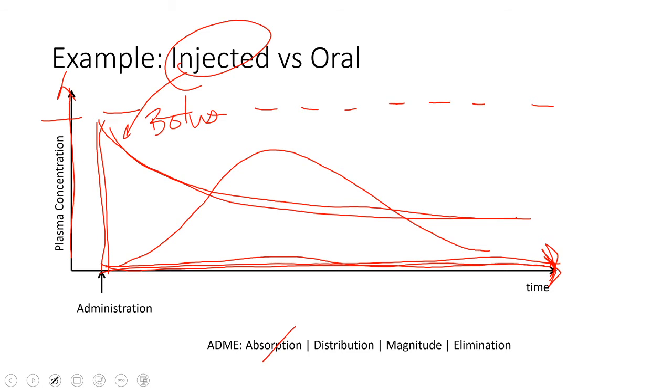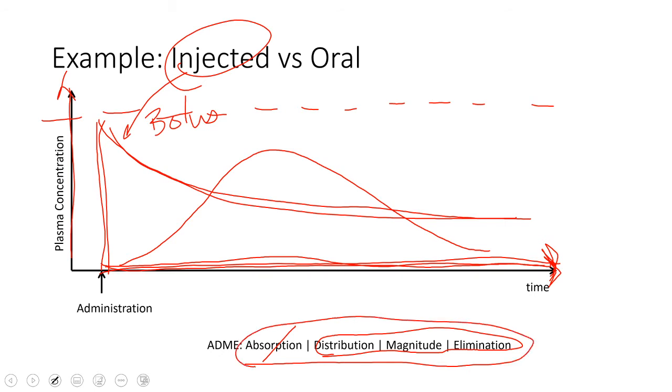But there is the distribution, magnitude, and elimination issue for injected doses, because even though you inject a drug dose, it might not get distributed to the right parts of the body, or there might be too much or too little getting there, or it could just be eliminated by the body really quickly. However, for oral deliveries, you have to consider all of these.